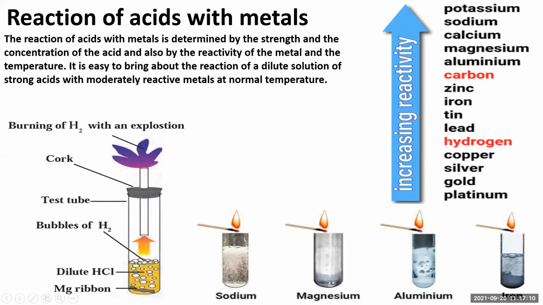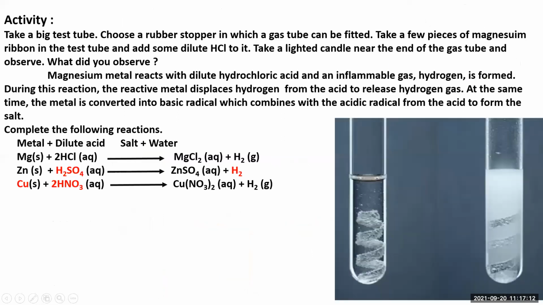We have also discussed various activities to understand the reaction of acid with metals. Among many examples, a magnesium ribbon dipped into hydrochloric acid. The hydrogen gas released in this reaction can be tested by a burning candle.